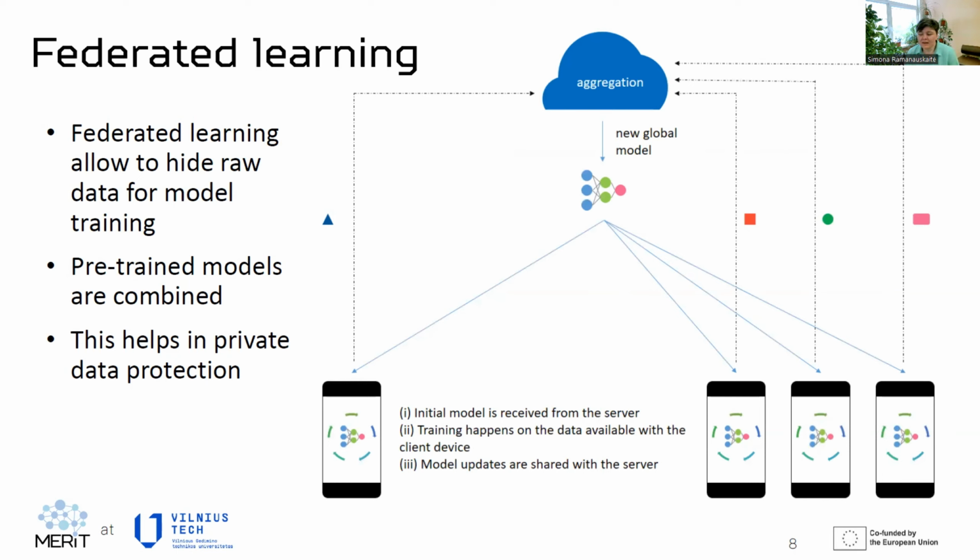So can I use the data for artificial intelligence model building, how it could be implemented? So also different solutions exist, and one of those is called federated learning. So the main idea behind the federated learning, like if we are having the same situation with big data. So if you know, artificial intelligence requires even more computational power.